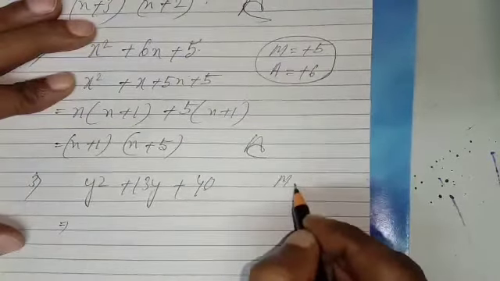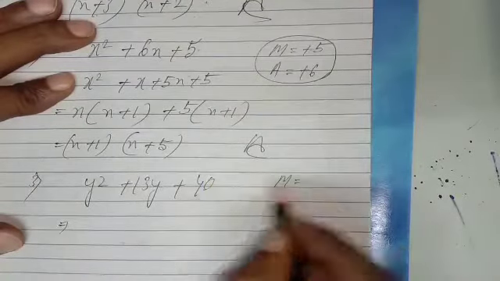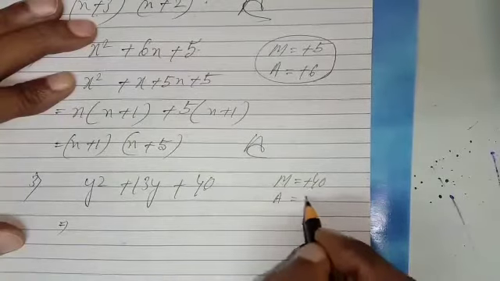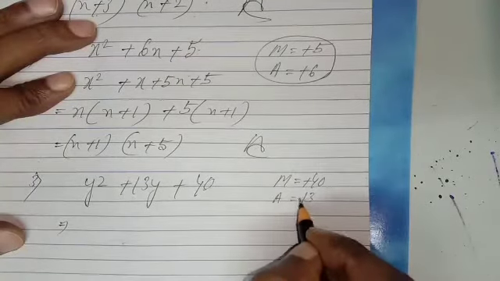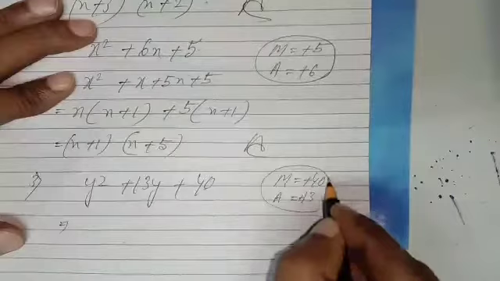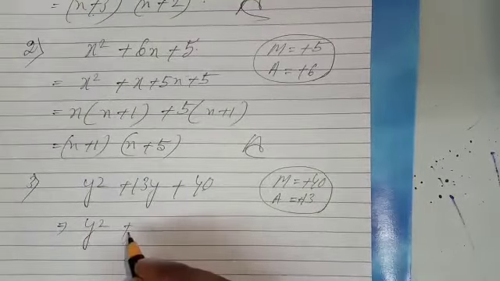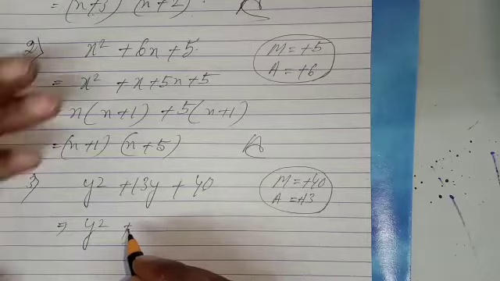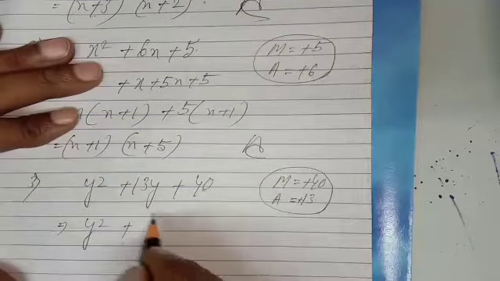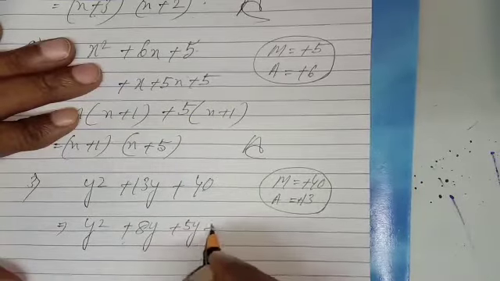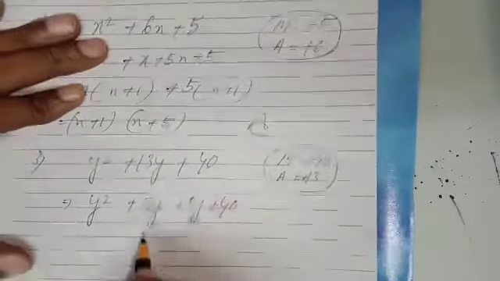That means in the rough work you have to write multiplication is plus 40 and the addition of two numbers should be 13. So what are the two numbers? By middle term you will get 8 and 5. That means 8y plus 5y plus 40. If you add you will get 13y.